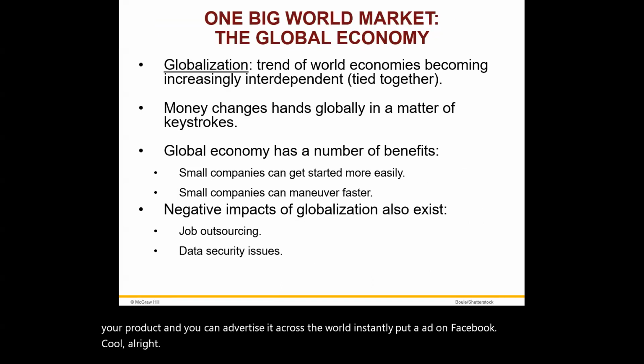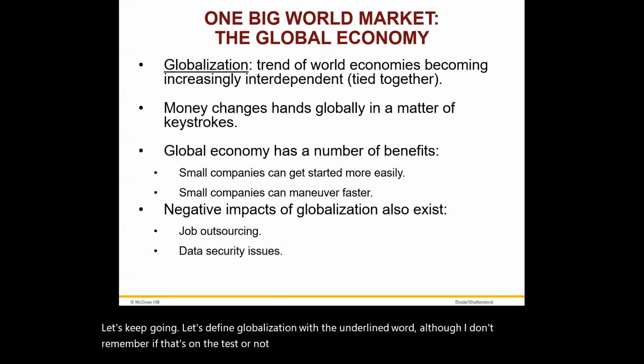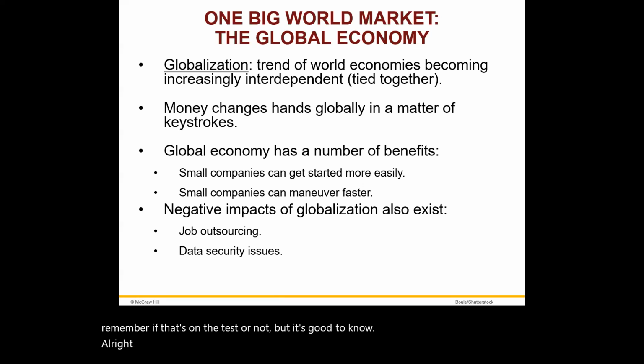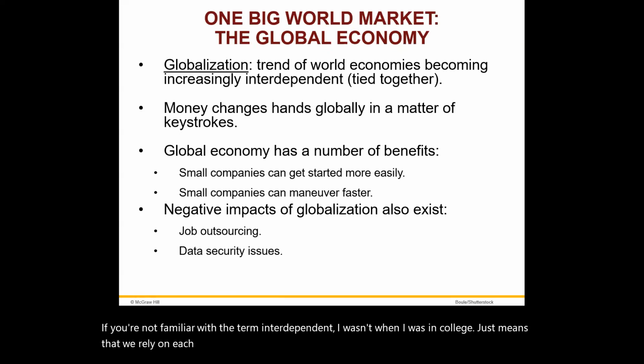Let's keep going. Let's define globalization with the underlined word, although I don't remember if that's on the test or not, but it's good to know. All right, so it is the trend of world economies becoming increasingly interdependent. If you're not familiar with the term interdependent, I wasn't when I was in college. It just means that we rely on each other. It's more so used in the context within teams.